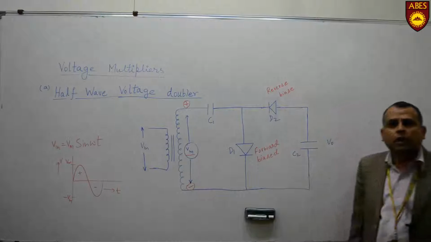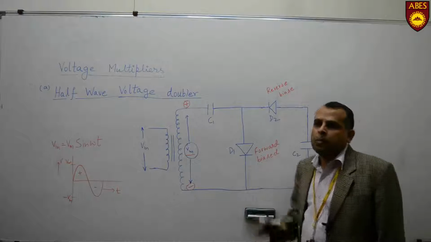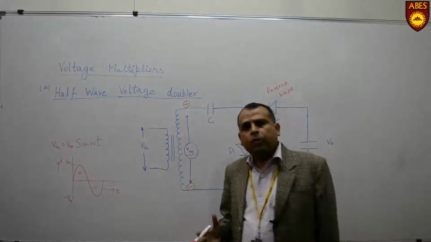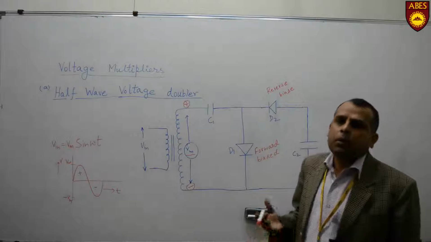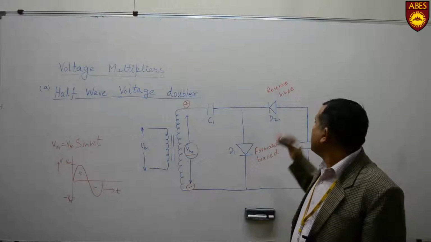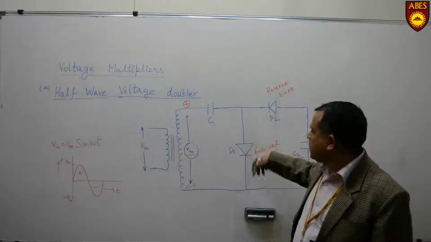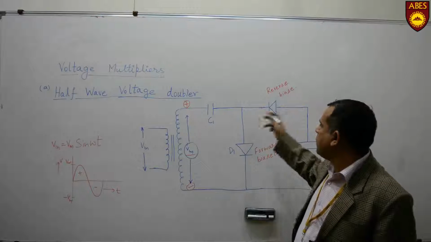As we know, a forward biased diode behaves as a short circuit and a reverse biased diode behaves as an open circuit. Therefore, this diode will be shorted and this diode will be opened.